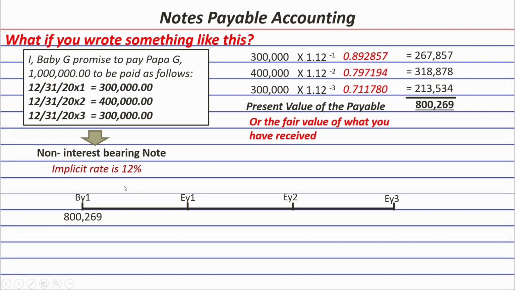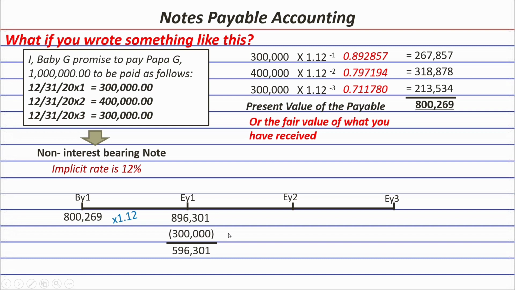So if we have the initial value already, then we just have to multiply it by 1.12, or 100% plus the effective rate of 12%. And you will get the after-interest amount of 896,301, minus the first payment of 300,000, and we will have the balance at the end of year one, which is 596,301.